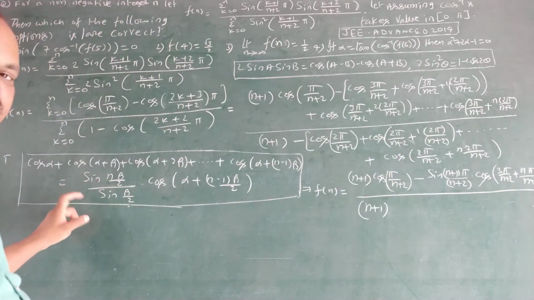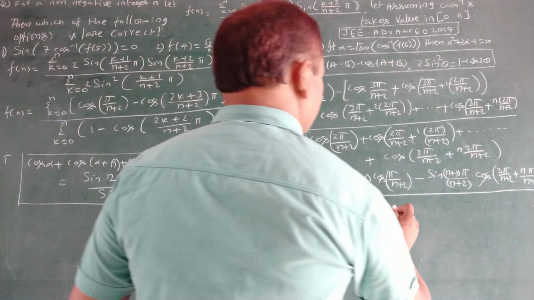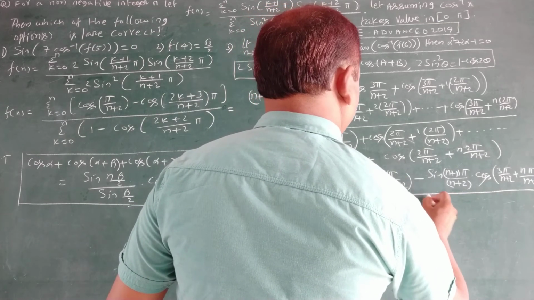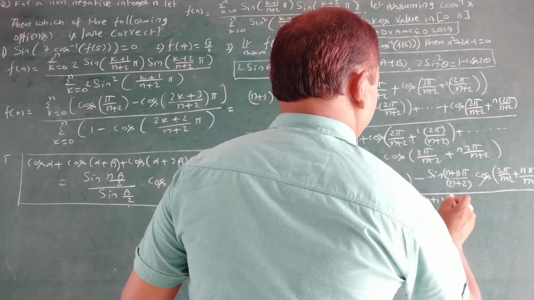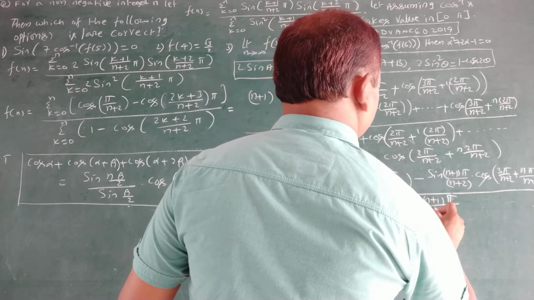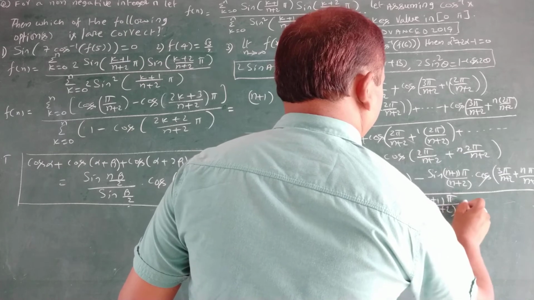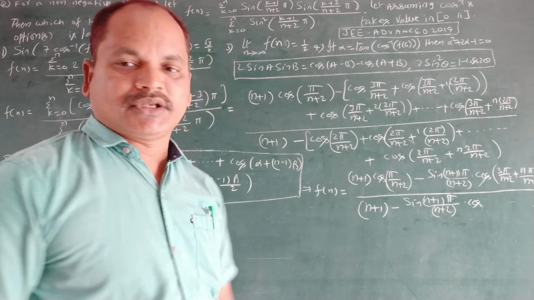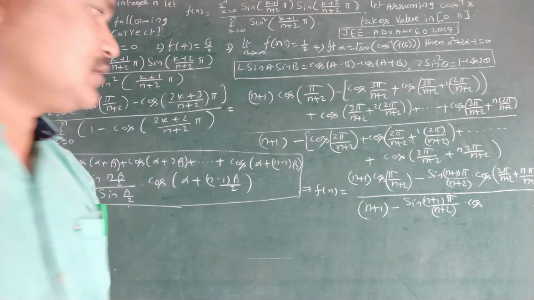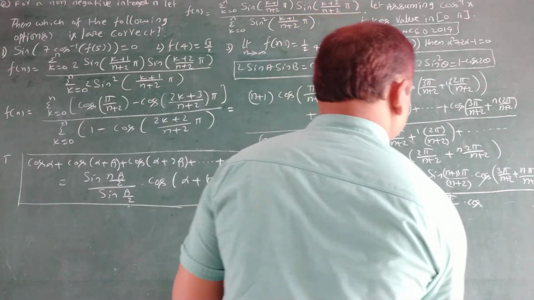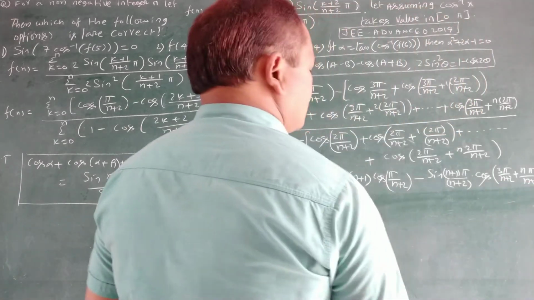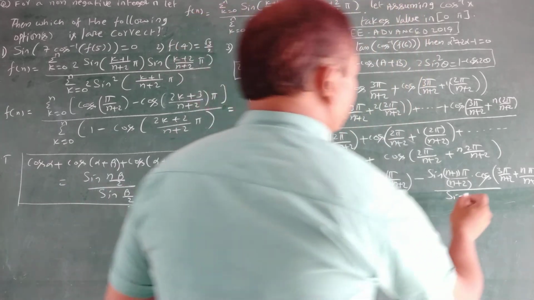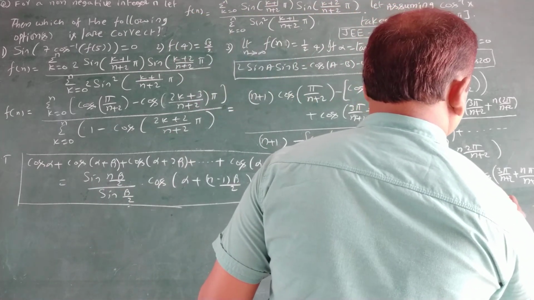By using this formula, that is minus sin n plus 1 into beta is pi by n plus 2, into cos. So in the numerator you have to write here sin beta by 2. What is beta by 2? That is pi by n plus 2.